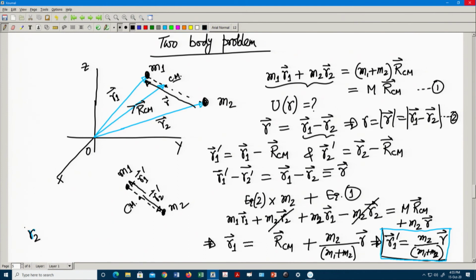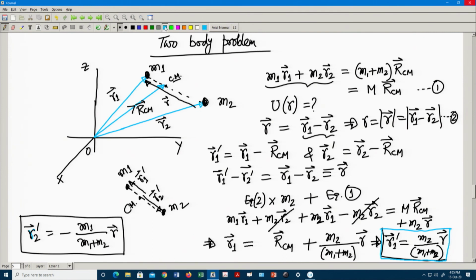So, R 2 prime would be minus M 1 upon M 1 plus M 2 R. So, R 1 prime and R 2 prime are written in terms of masses of the two particles and vector r, which is the position of M 1 with respect to M 2.